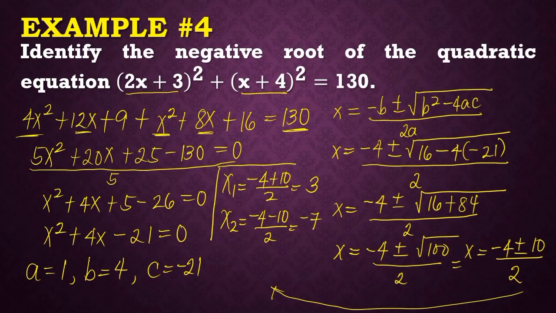So, lagyan natin siya ng box para makita yung solution talaga natin. Okay. So, based dito sa problem natin, hinihingi niya yung negative root. So, that is negative 7. So, kailangan muna natin siyang i-check kung tama ba.